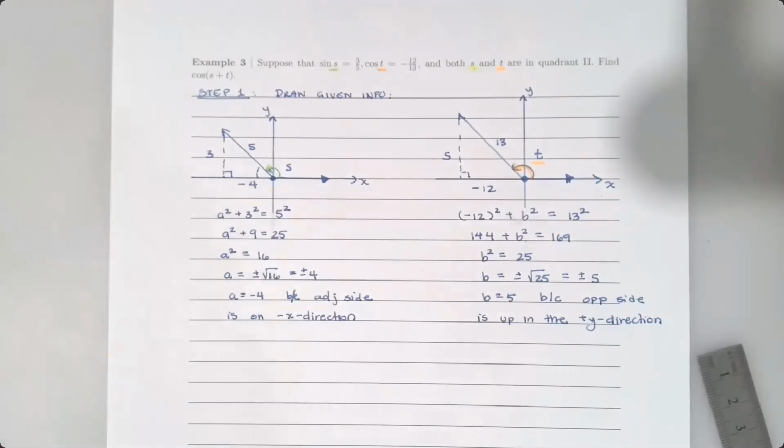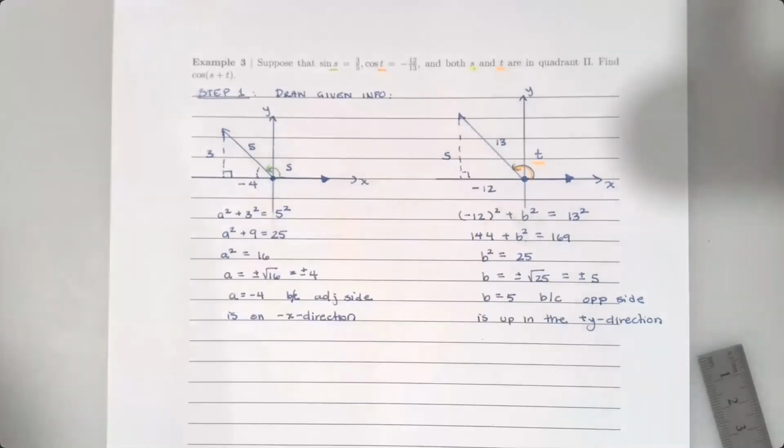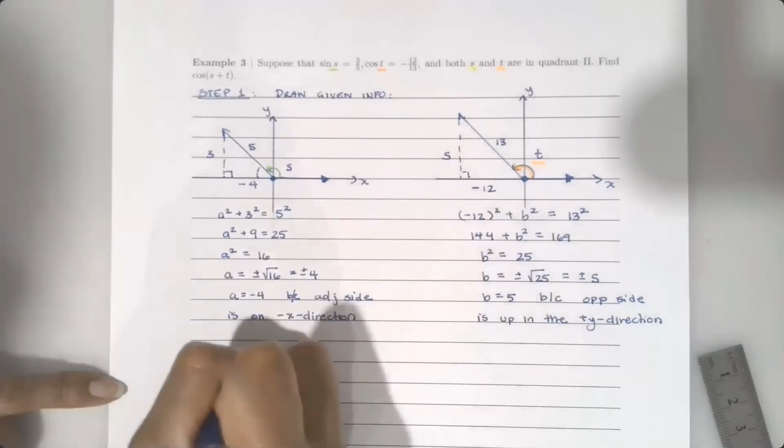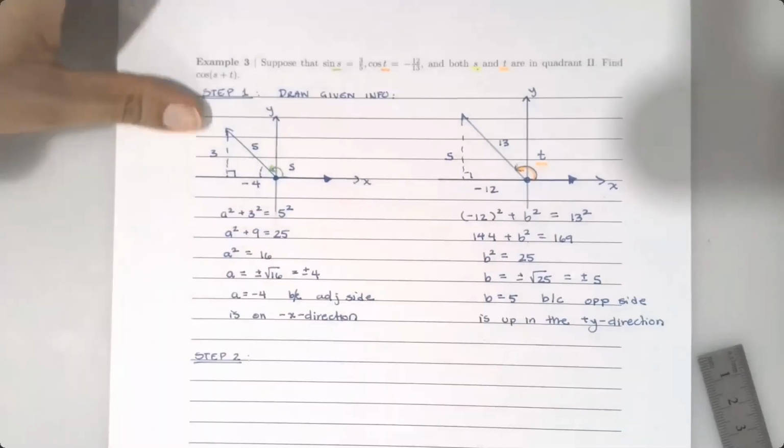Okay, so now we have diagrams for both angles. We know all of the information regarding the trig functions, or we can figure all that information out from these diagrams that we have drawn. So for the next step, we want to identify what formulas we're going to be needing.